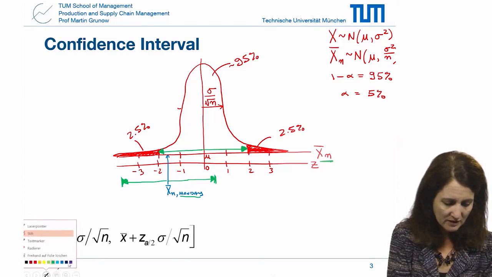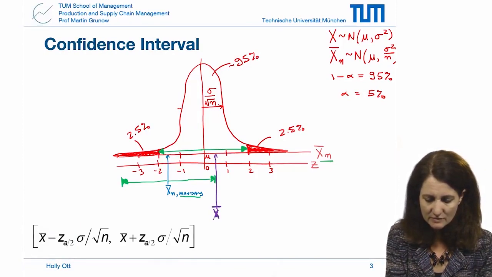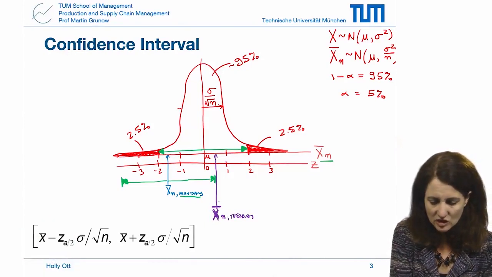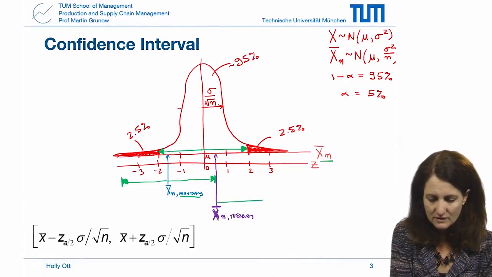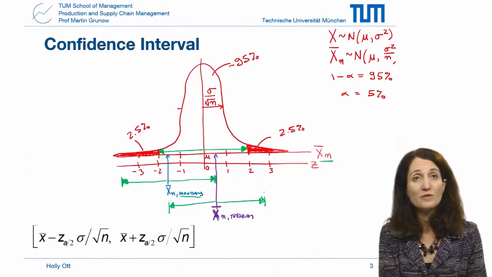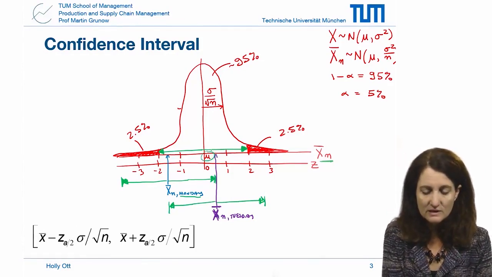Well, Tuesday comes along, and on Tuesday we measure a new X bar, with the same sample size n, and we construct on Tuesday a confidence interval around the Tuesday value. We say we're 95% confident that our true population mean lies within this interval, and it does.